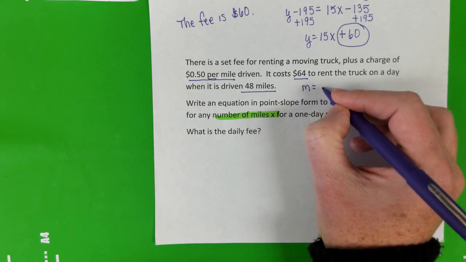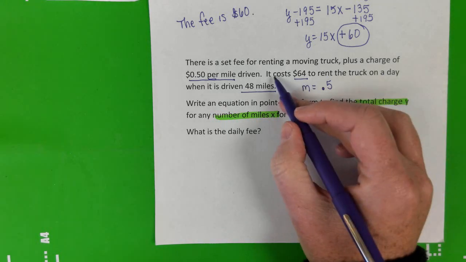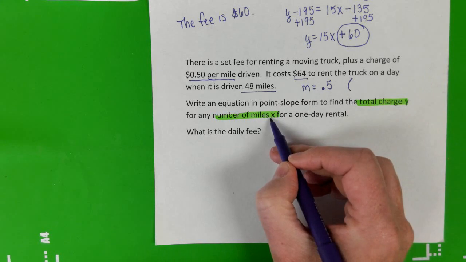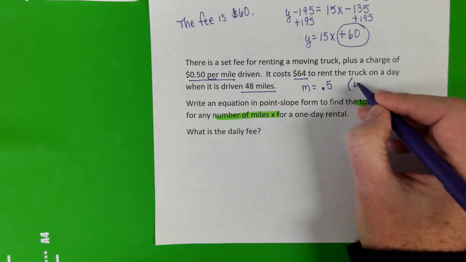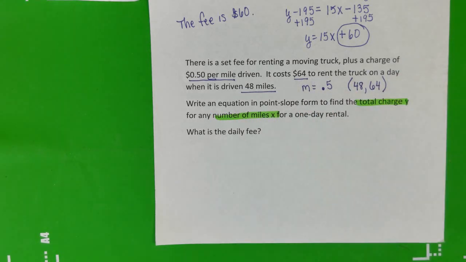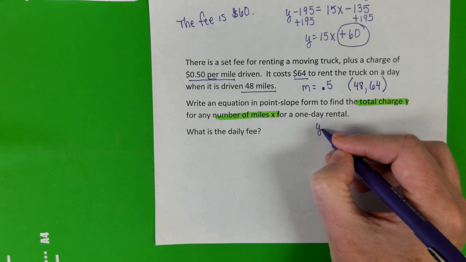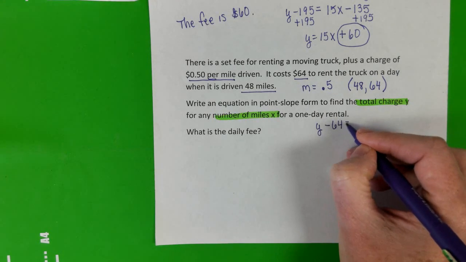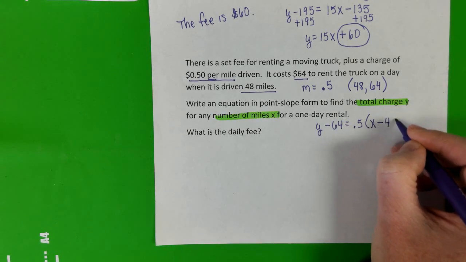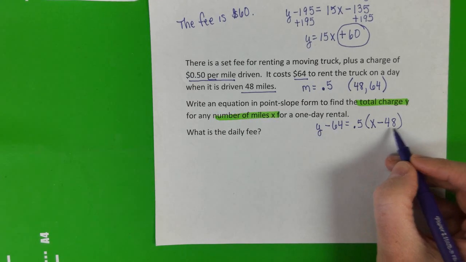So we've been told that the slope is 0.5 or 0.50. And then we were told that it costs $64 for 48 miles. Well, we know our miles is our x, so 48, and the cost is 64. Okay? Fill in our point slope formula. y minus 64 equals 0.5 times x minus 48. Simple as pie, right? y minus y1 equals m times x minus x1.